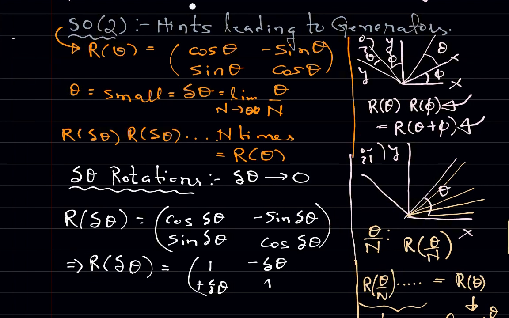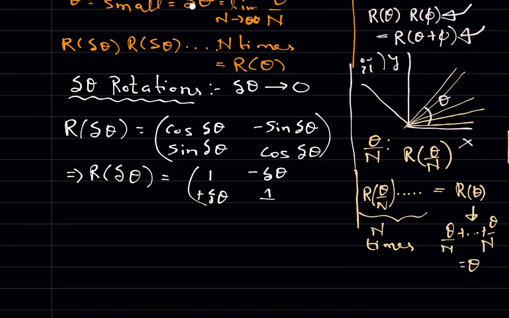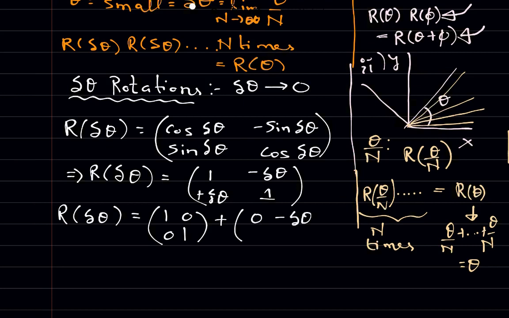Then Lie saw something more interesting. He saw that we can write R of delta theta as the matrix 1 0 0 1 plus 0, minus delta theta, delta theta and 0.